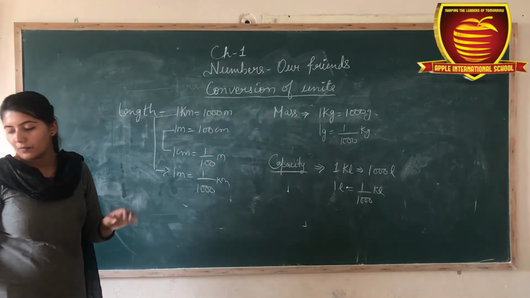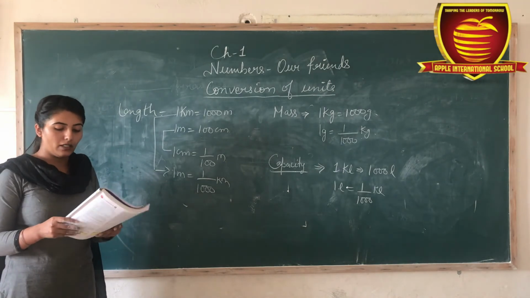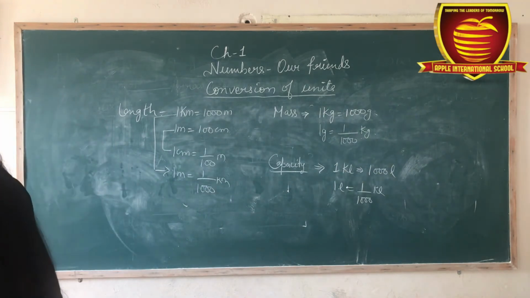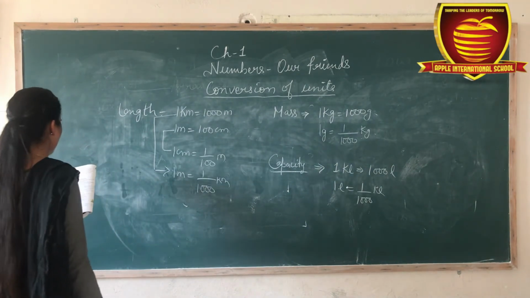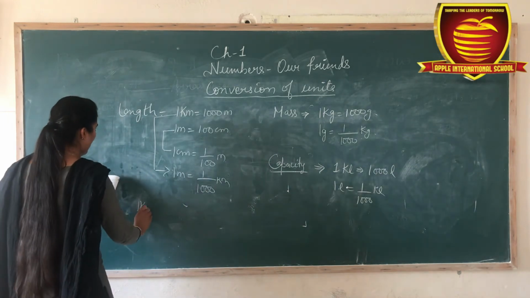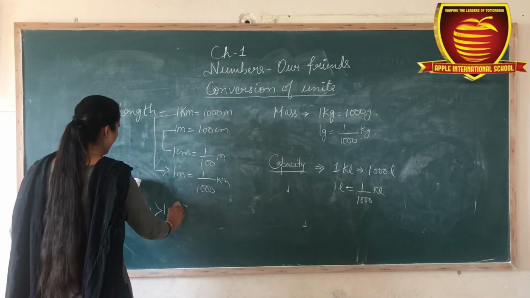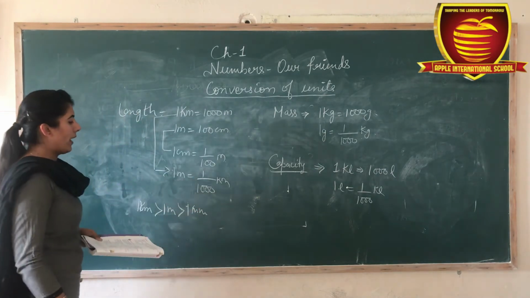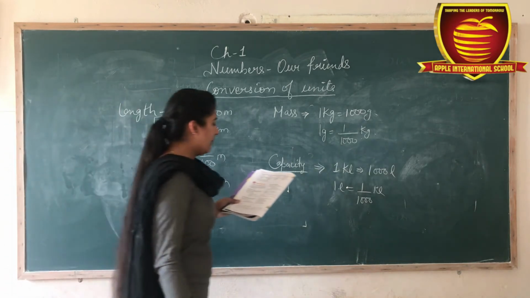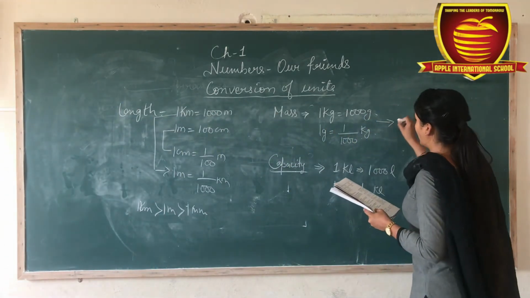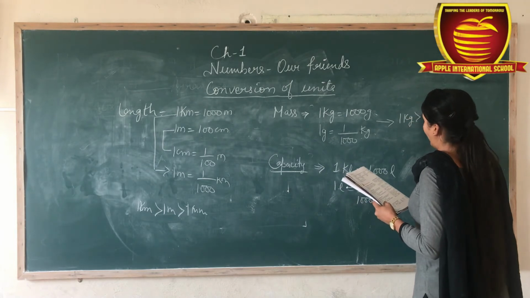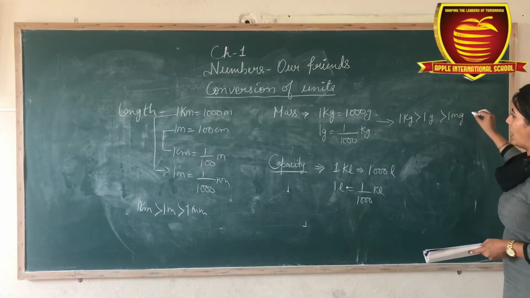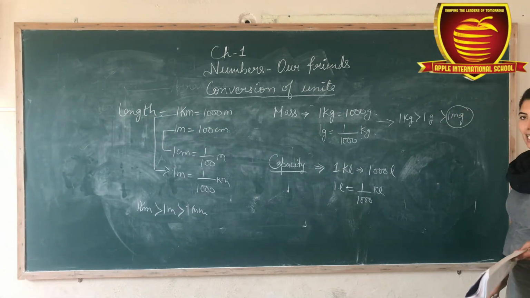Now we are performing some questions. In mass, 1 kg is greater than 1 gram, which is greater than 1 mg, meaning the smallest unit of mass is 1 milligram.